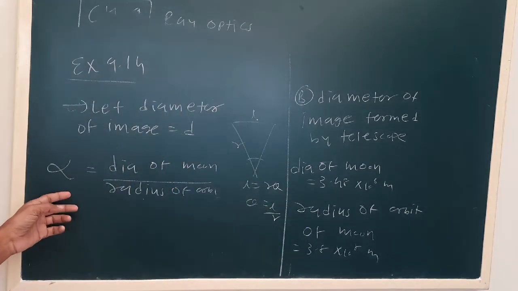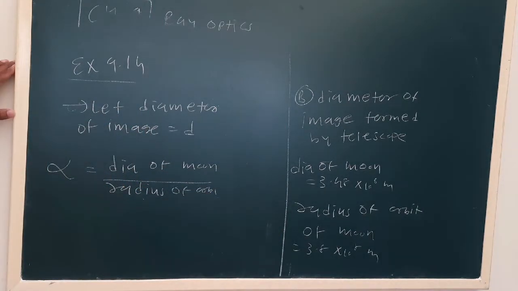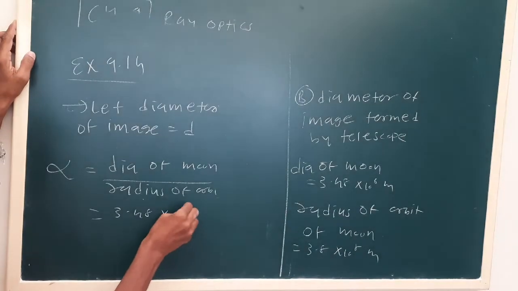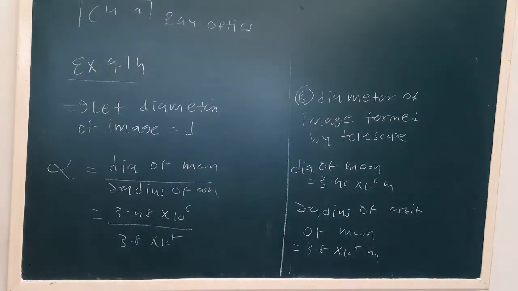Now this is consistent. See, the diameter of the moon is given as 3.48, and this is the radius of the orbit.